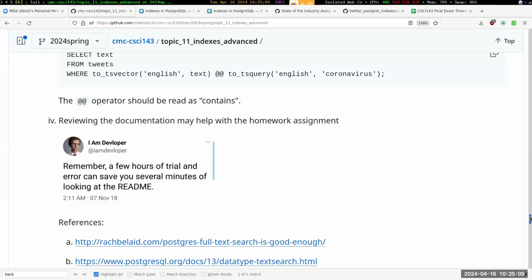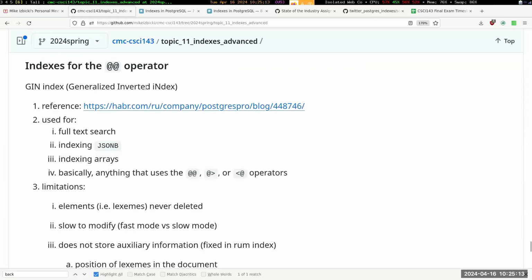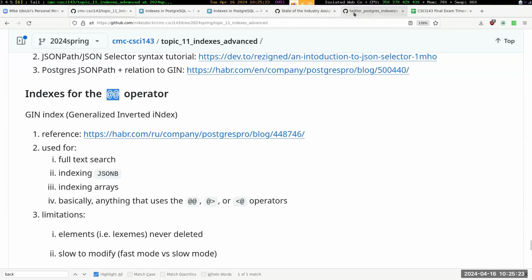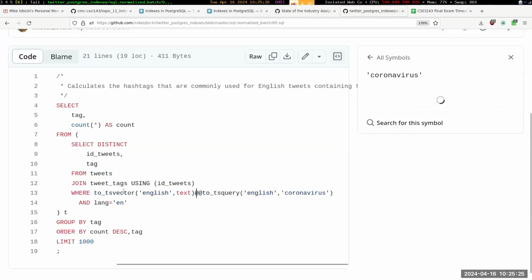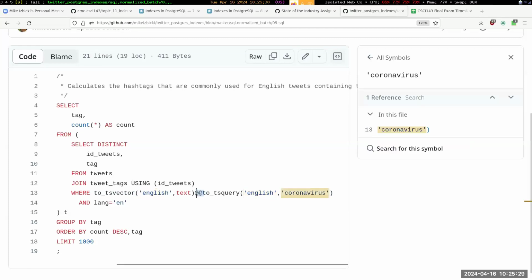Okay. I want to jump now down over here to the strengths and limitations of these indexes. Again, this GIN index is being used for this at operator. The at operator is how we were combining the TS vector and the TS query to do our search. You can read it as contains.